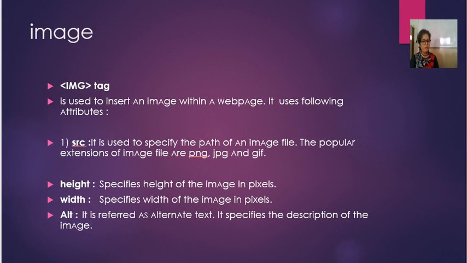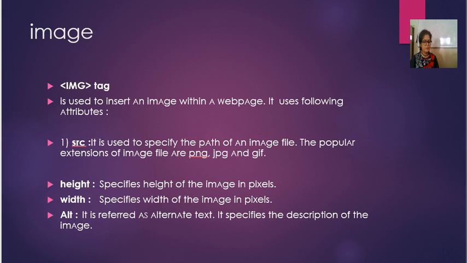And whenever we write the path of the image, we also have to write the extension of the image. These are the most common extensions like PNG, JPG and GIF. So see students, if you do not write the image extension correctly, then your image will not be displayed on your web page. Whereas the height and width attributes are used to select the height and the width of the image that will be displayed on the web page.